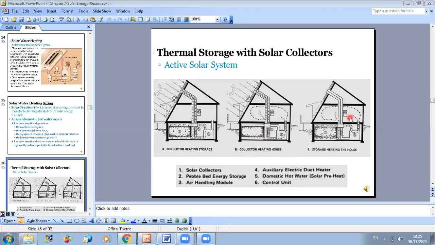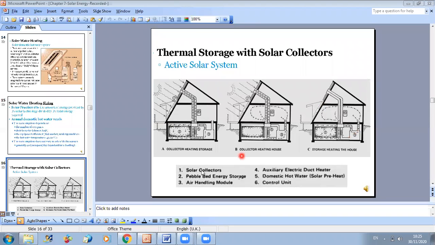And during the night, I don't have solar energy anymore, and the temperature inside my space will begin to decrease. So what I can do now is start to circulate air around my thermal storage, where the air can be heated from the thermal storage, which will deliver energy to it, and then the air can be transmitted back to the space.